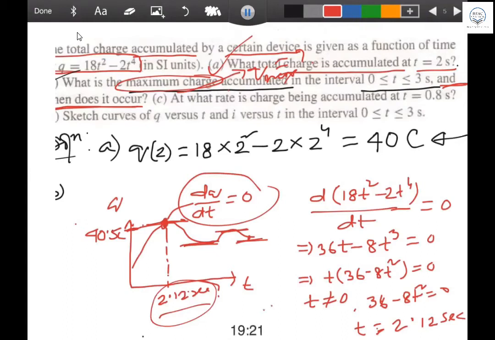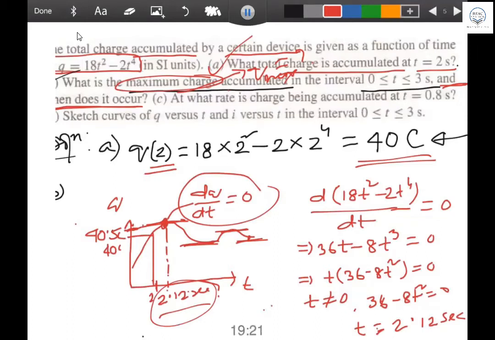Because at 2 seconds you are getting 40 coulomb, right? So at 2.12 seconds, you must get more than 40 coulomb because it is the maximum charge. That means we got 40.5.